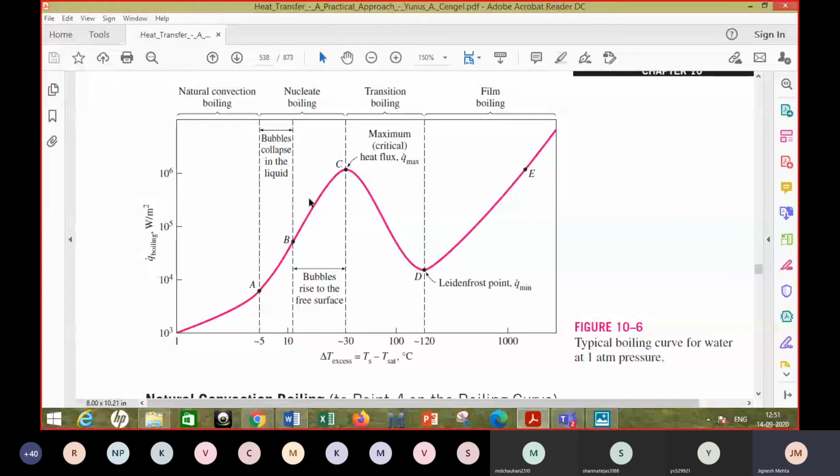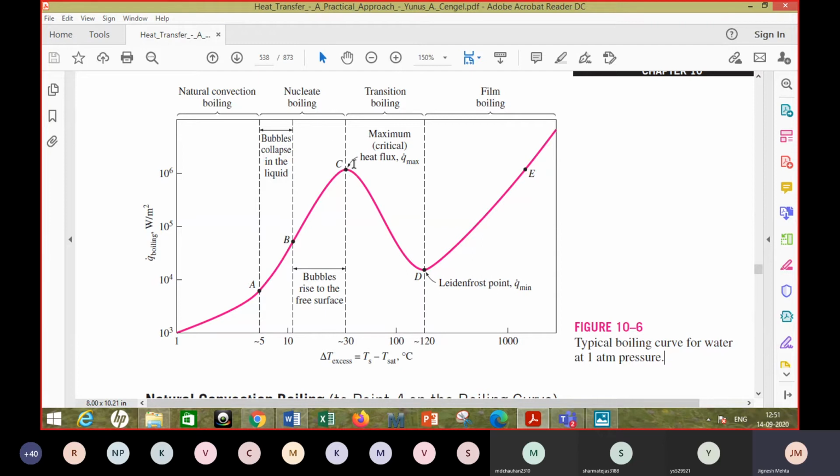Don't connect it with what happened previously. Consider each line that you draw here as an independent line. So if from the very beginning you are able to maintain it at, let's say, 200 as the surface temperature of the heater, with the water at 100, the heat flux that you are able to get is actually lower than this.